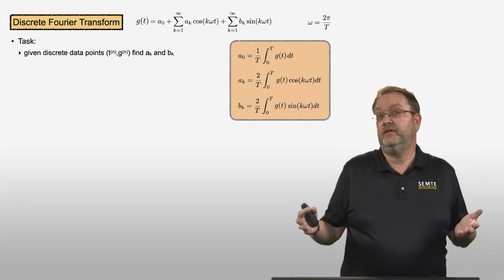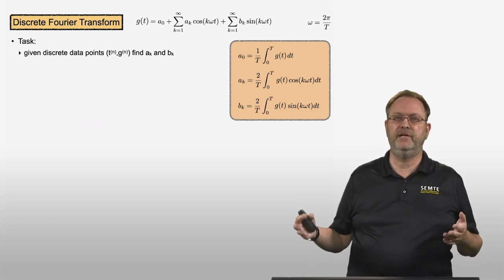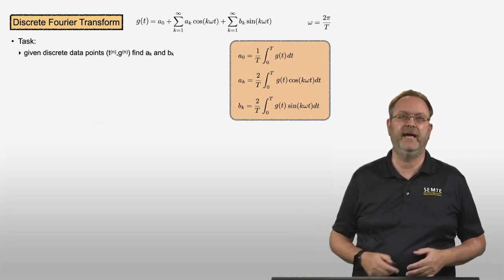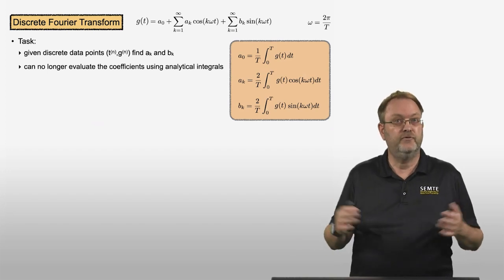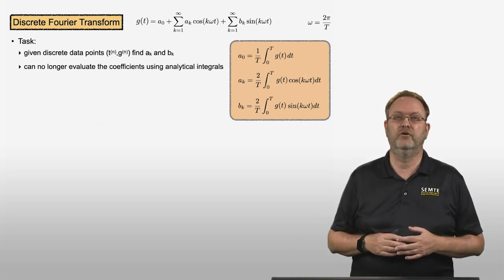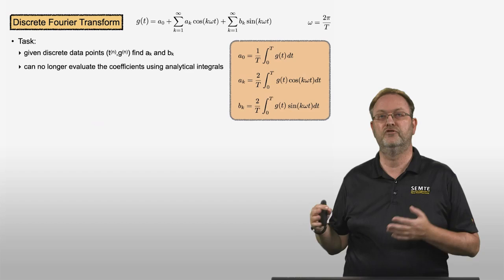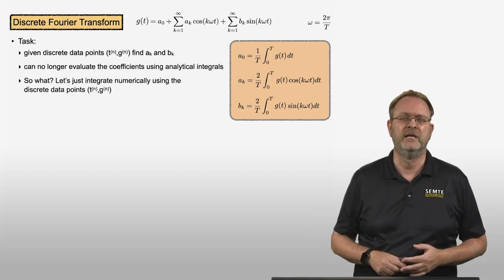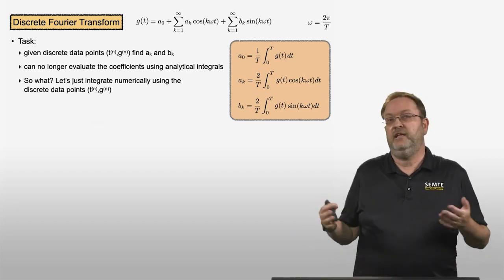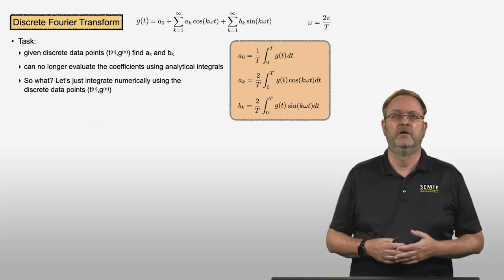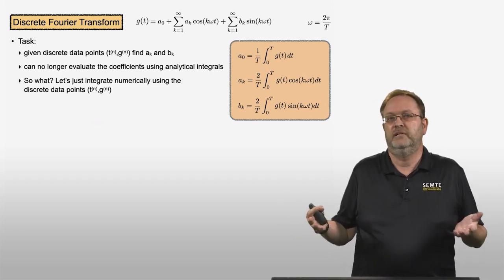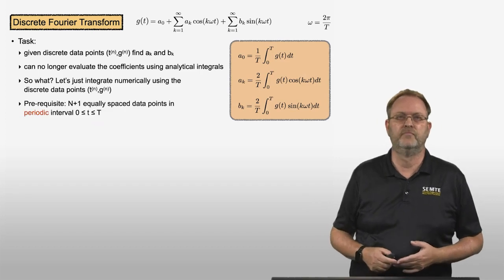But the task still remains. We are trying to find these amplitudes a0, ak, and bk. So we can no longer evaluate the coefficients using these shown analytical integrals. But so what? Let's just integrate these integrals numerically using the discrete data points that are given to us.